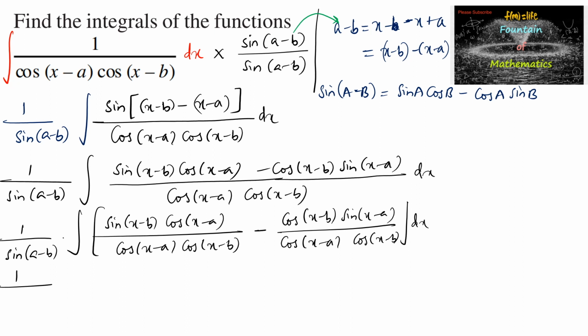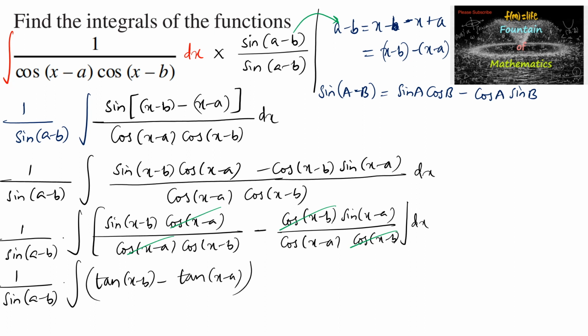So 1 upon sin of a minus b into integral of, we may cancel here, cos of x minus a, cos of x minus a. So you'll be getting integral of sin by cos is tan of x minus b minus, and here cos of x minus b, cos of x minus b gets cancelled, and here you're getting tan of x minus a.